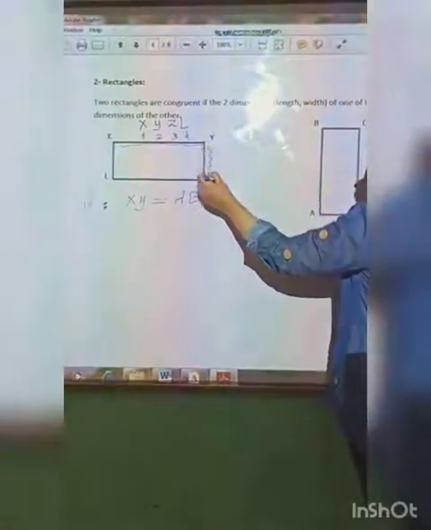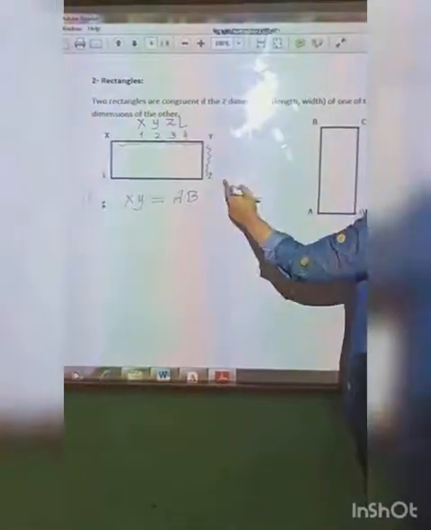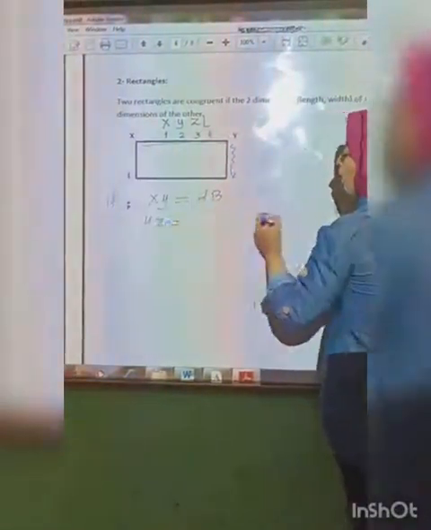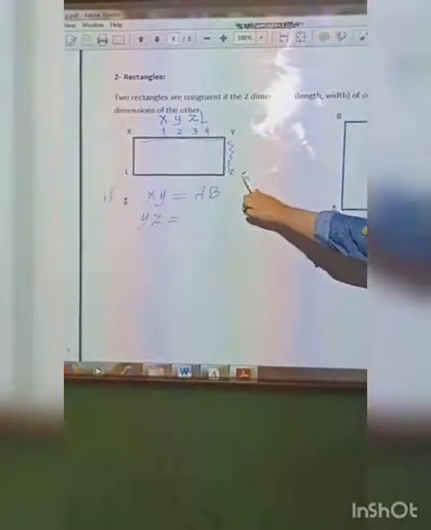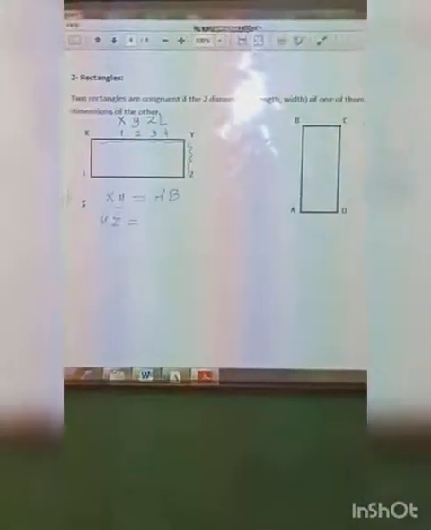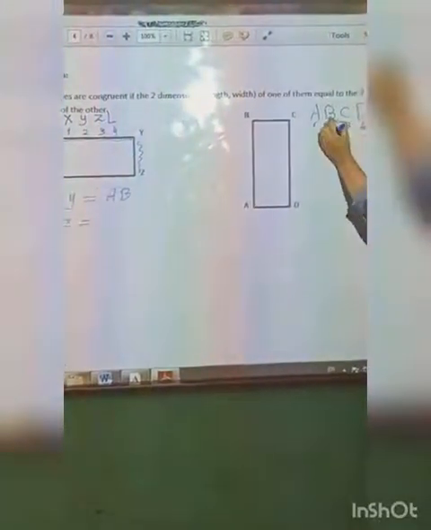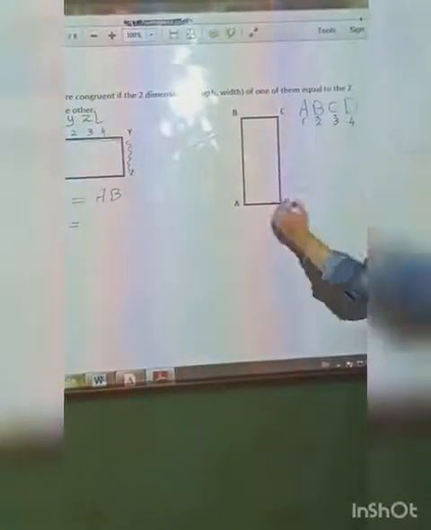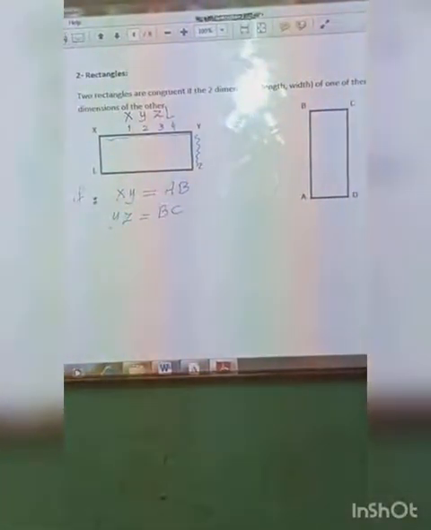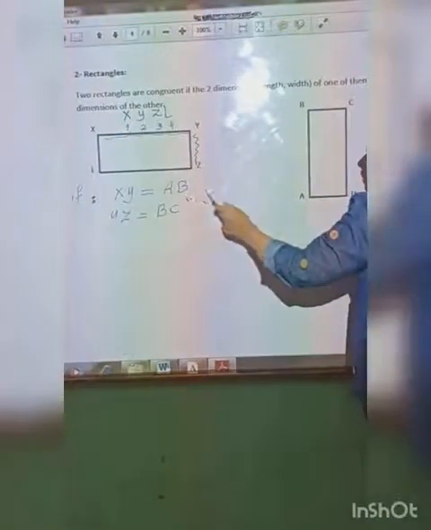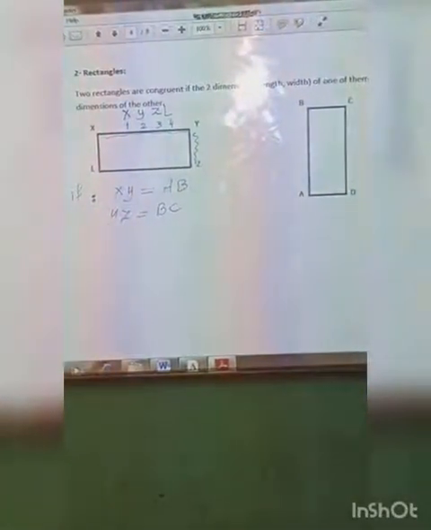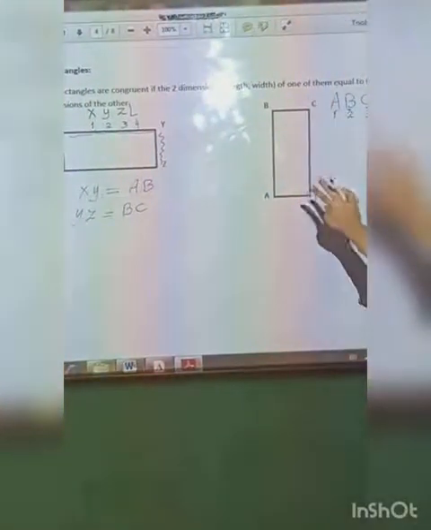and the other dimension, which is YZ, here is number 2 and 3. So I will take the number 2 and 3 in the other polygon, which is BC. If we have XY equal AB and YZ equal BC, we prove that the two dimensions are equal.